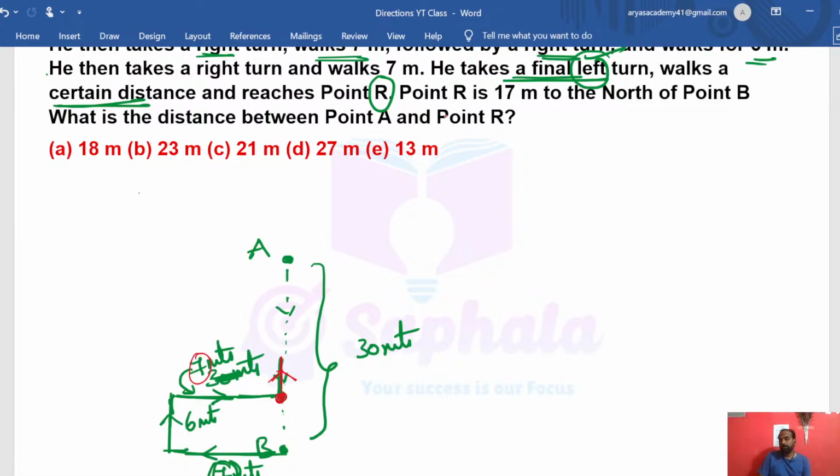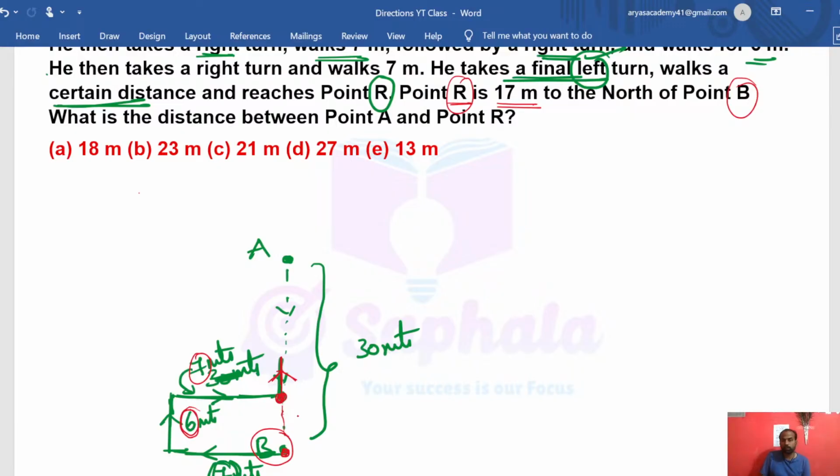But they have not provided you the distance, but indirectly they have told you that that same point R is actually 17 meters north of which point? B. So where is B? B is here. So from here I have to count 17 meters. There is already how much here? 6 meters.